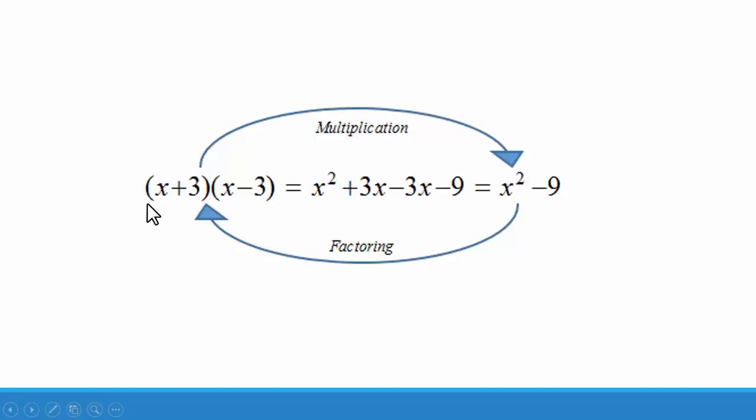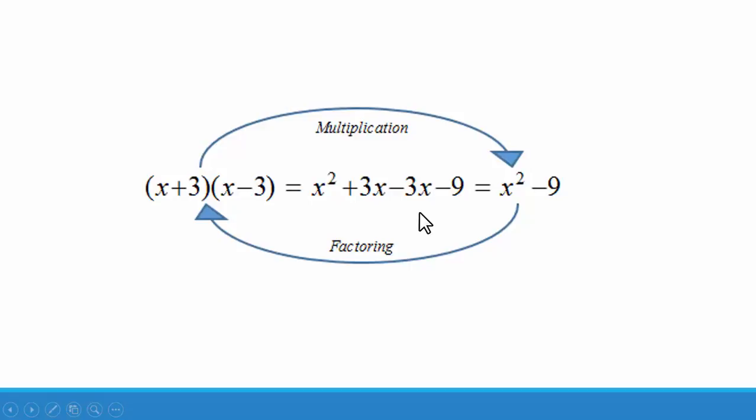Notice in the last chapter, we were given problems such as the quantity x plus 3 times the quantity x minus 3, and we needed to multiply that out. The intermediate step, we would FOIL, doing our first terms x times x, our inner terms 3 times x, our outer terms x times negative 3, and our last terms 3 times negative 3, and we would get these four terms.